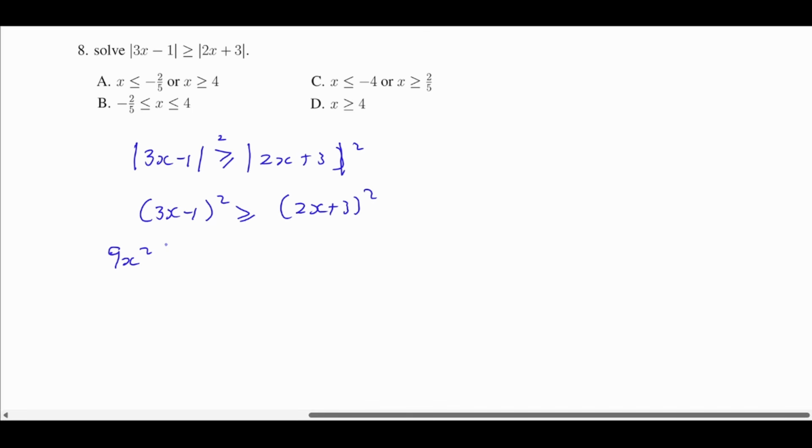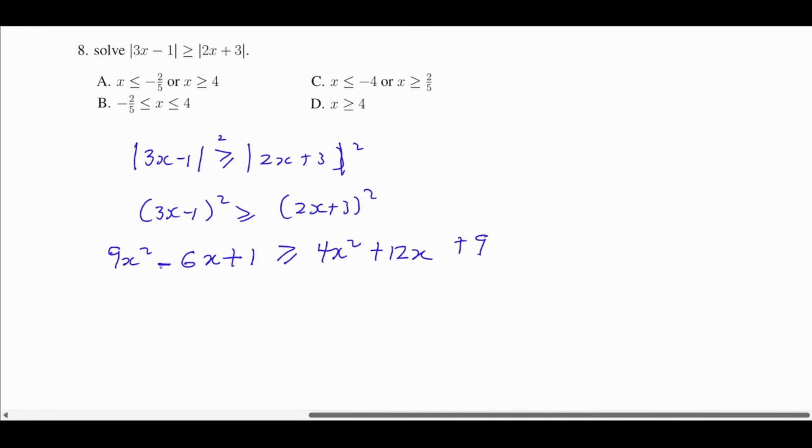And 3 times 1 will give me 3, then 3x times, that will give me plus, that should be greater than 6, that will give 12x, half 9, so plus 9.